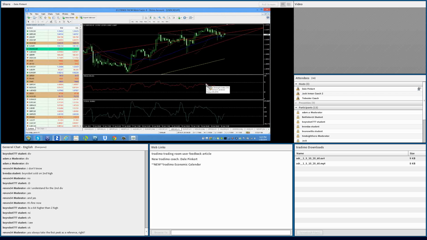The first peak is the reference, or the first low is the reference. But you're right, you could talk yourself out of it. Well, it's higher than this. But to me, it's from the previous high. So we've made 2 successive new price highs without the confirmed high being blown out by the RSI.